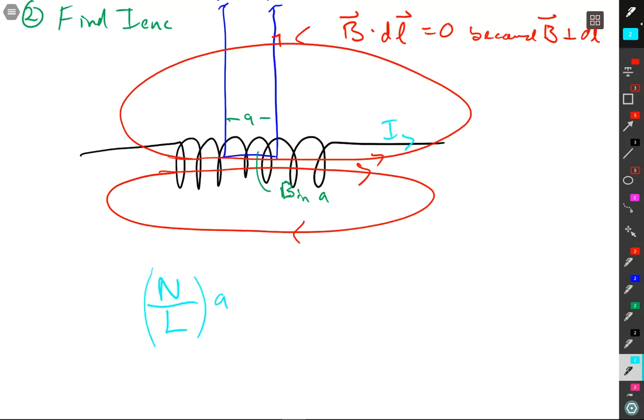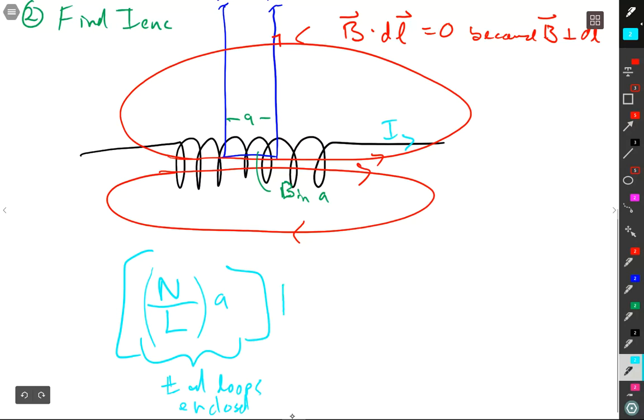And so that's the number of loops enclosed by my box, and following what Michael said, I take that number of loops enclosed and multiply it by, can you guys read this color? Yeah. Okay. And I multiply it by the current going through one loop, and that's the total current enclosed.